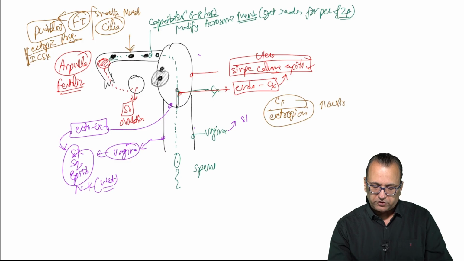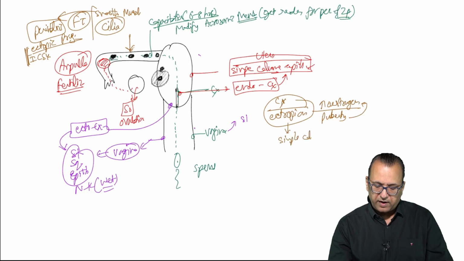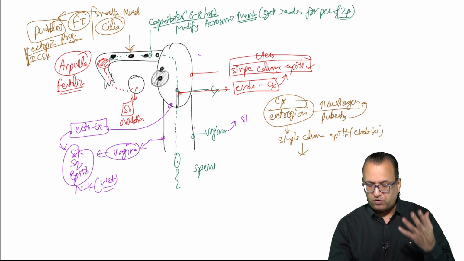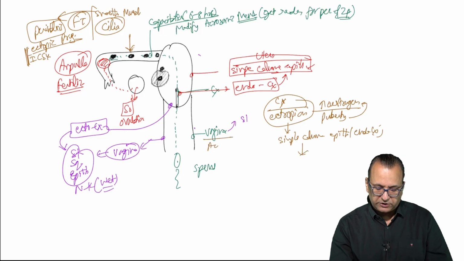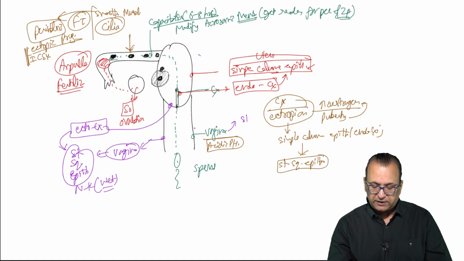Because you have more estrogen. With puberty you have more estrogen, and there will be cervical ectropion, meaning simple columnar epithelium of the endocervix is now protruding into the vagina. Vagina has acidic pH, so as it is exposed to acidic pH, it will change into stratified squamous epithelium, and this is called physiological metaplasia.